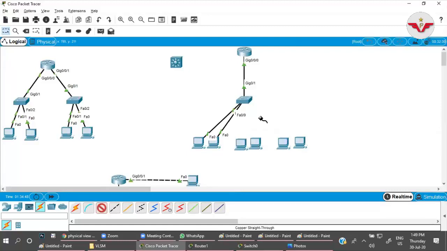You want to manage that switch by remote access, to telnet to the switch so that you can configure it from anywhere in the network. At that point you will require an IP address on the switch so that you can access it remotely through telnet or SSH. So at that point the IP is required, and then we will configure the IP address on the switch.